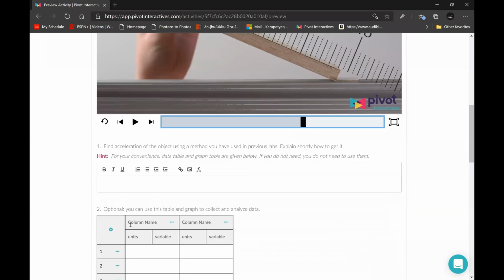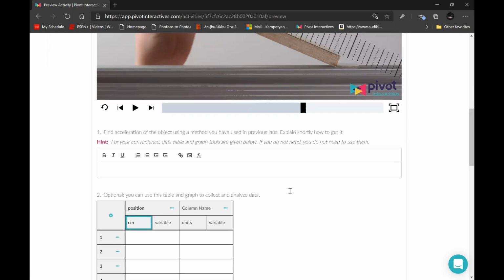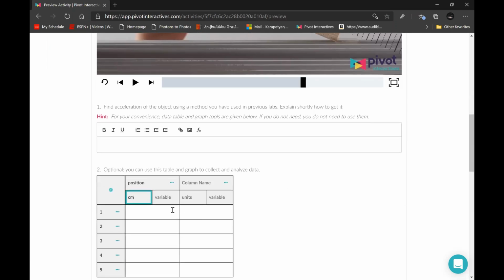I'm going to make a table where this is position, in units of, I'm pretty sure, centimeters.